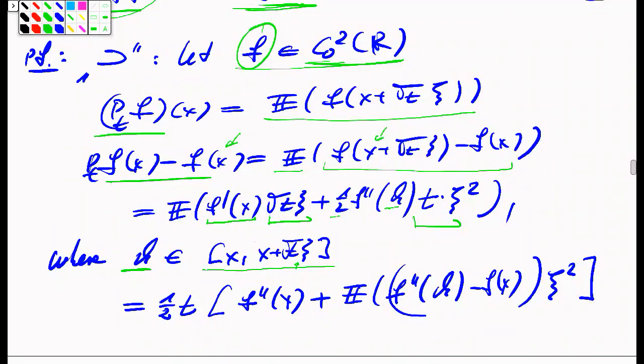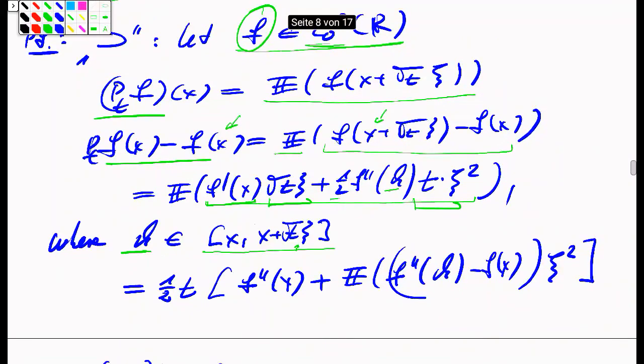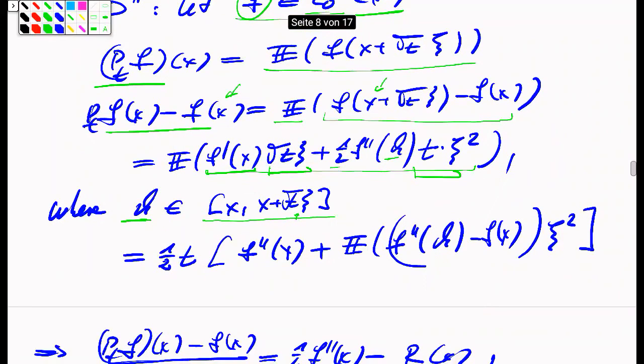And inside the expectation, we see that we have a sum of two terms. Of course, the expectation of a sum is a sum of expectations, where we see that if we consider the first summand here, the only dependence we have on the psi variable is exactly the psi variable alone, and we have a certain deterministic prefactor, which is deterministic for this expectation, which we can pull outside the expectation.